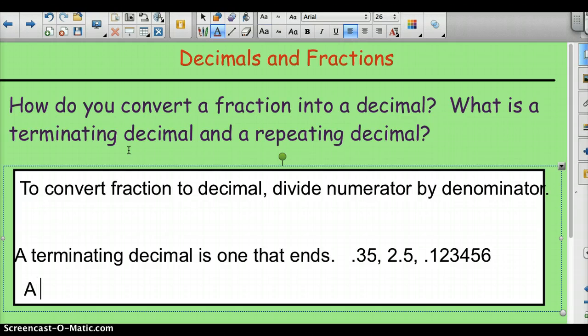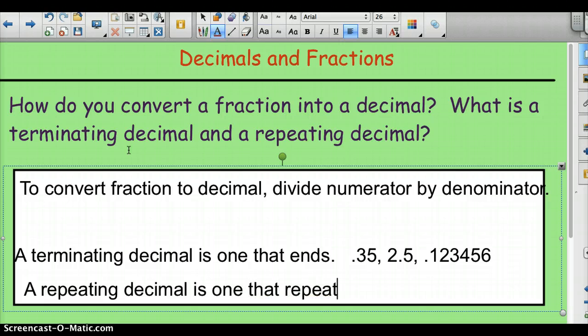Whereas a repeating decimal is one that repeats forever.